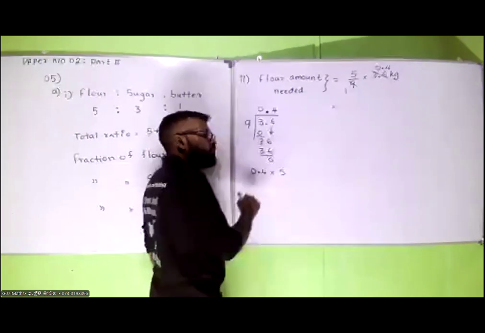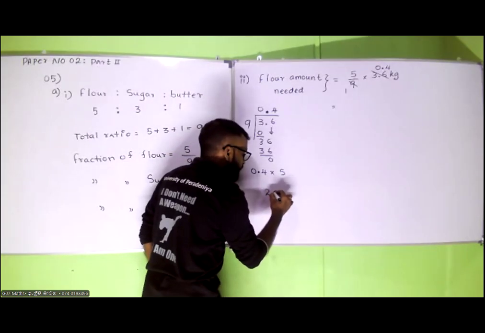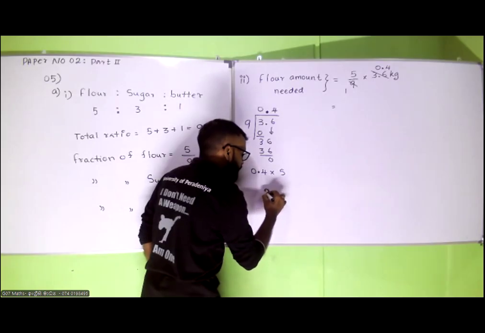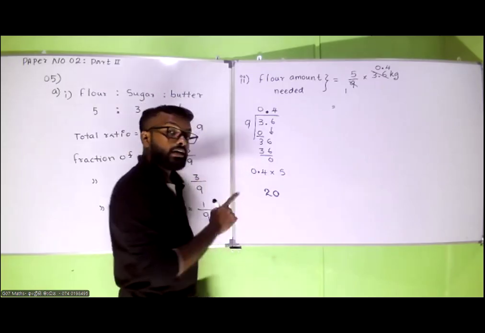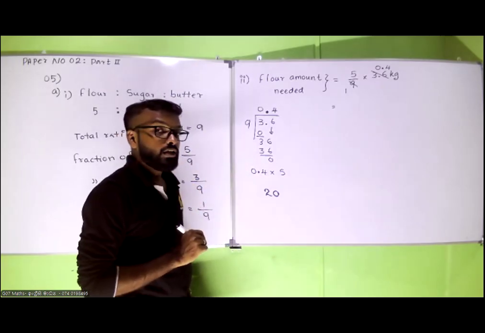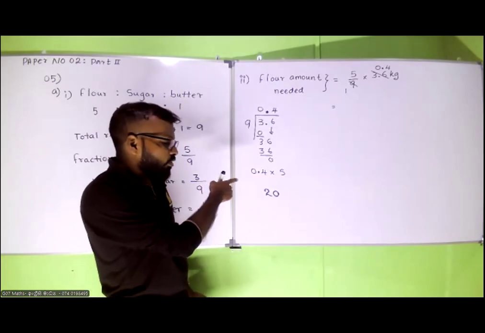So 4 into 5, 20. But we have forgotten one decimal place. Earlier we had one decimal place, so we have to allocate it on the answer.